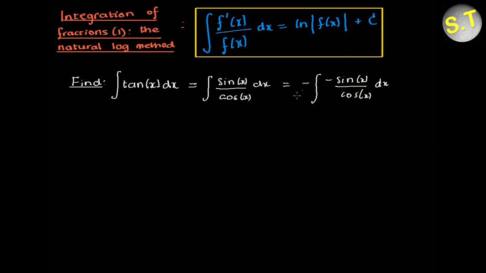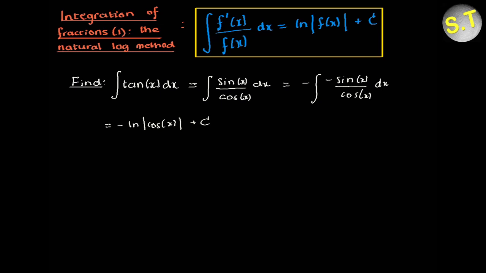So we still need to keep this minus sign, so this is going to be equal to minus the natural log of the absolute value of our denominator here, of the cosine of x. And as always, with the indefinite integrals, we need a plus constant of integration.